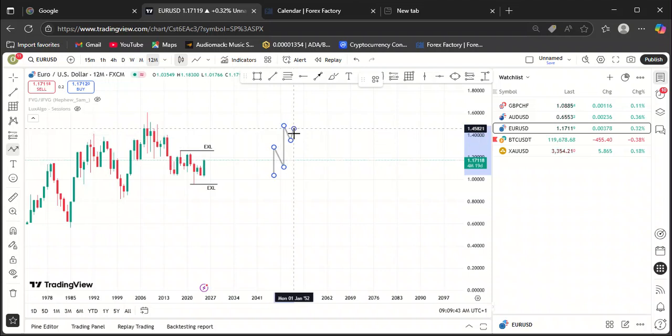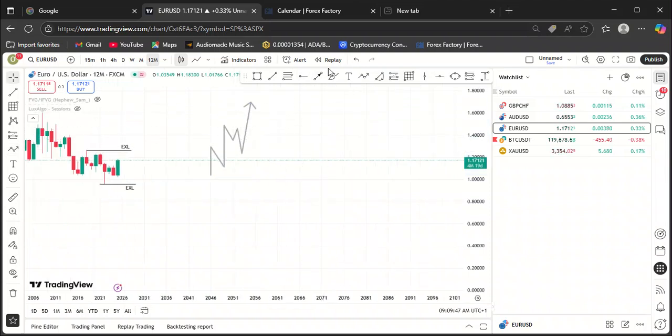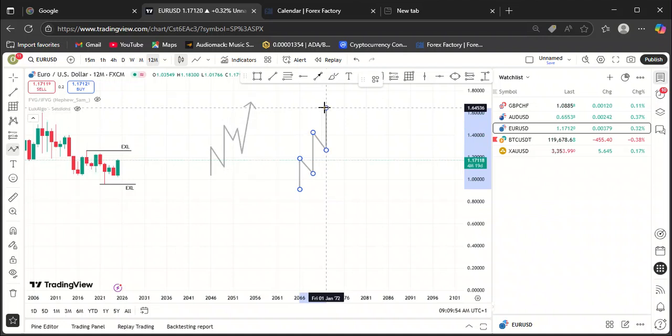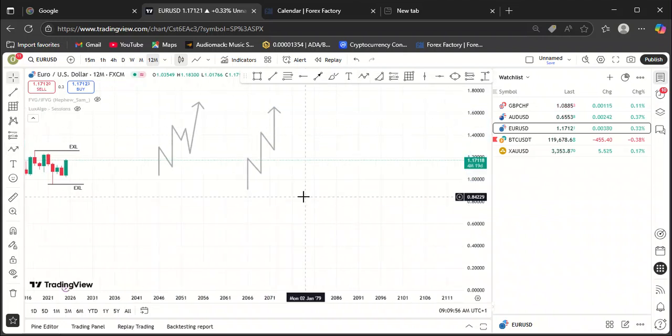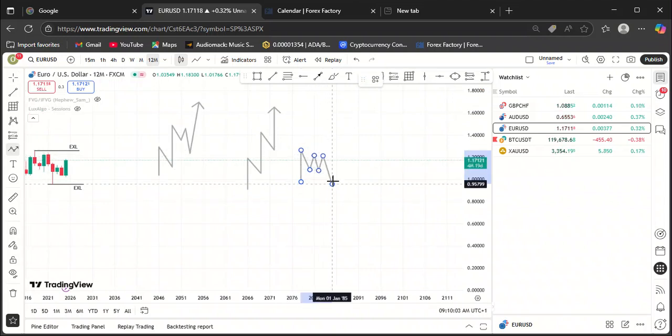Now sometimes market structure can be very funny. It's not your typical market structure that looks very clean and nice. Sometimes you have a very nice break of structure. Sometimes you would have a break of structure that looks like contour lines, something like this.